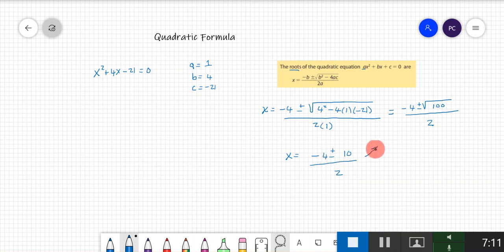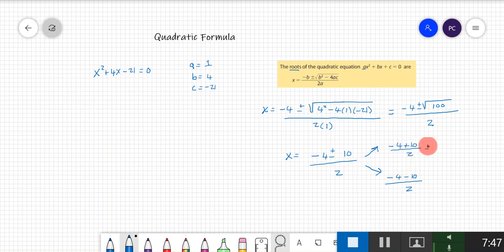So what's that going to look like? If we say minus 4 plus 10 divided by 2, that's going to be one value that we could have for x. Or if we let it be the negative value, it's going to be negative 4 minus 10 divided by 2. So you're going to have these two values for x.